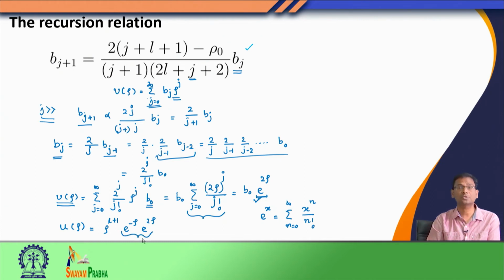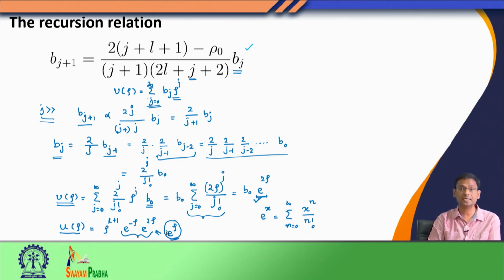When I multiply these two terms, I get a term e to the power rho, and I have a problem with this type of term, because if you remember, when we were discussing the asymptotic solution of u of rho for large values of r, we saw that e to the power plus rho type of terms would diverge, and therefore, we cannot have this type of term in our wave function.